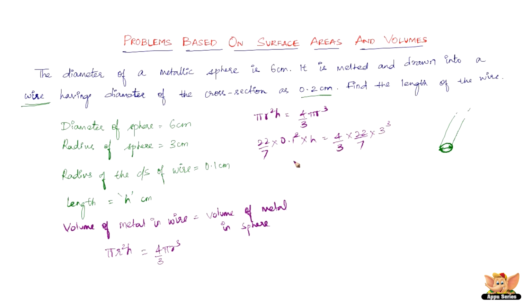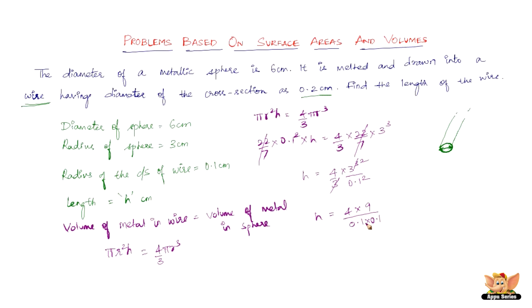Now on solving this, 22 by 7 gets cancelled. So all you've got is this. So h equals 4 by 3 into 3 cube divided by 0.1 square. So there are 3 3's, so 1 3 gets cancelled. So solving this, you get h as 4 times 9, 3 square is 9, divided by 0.1 times 0.1.